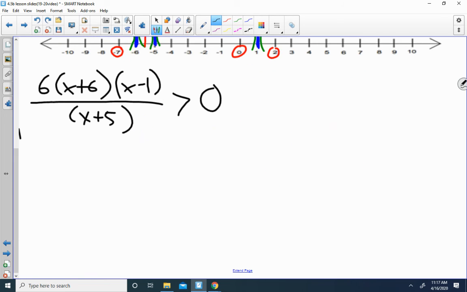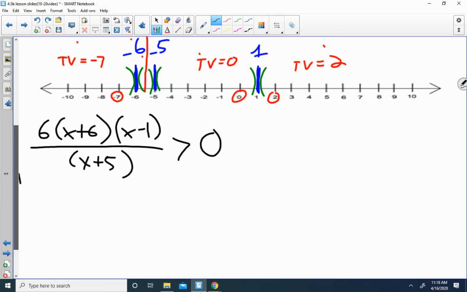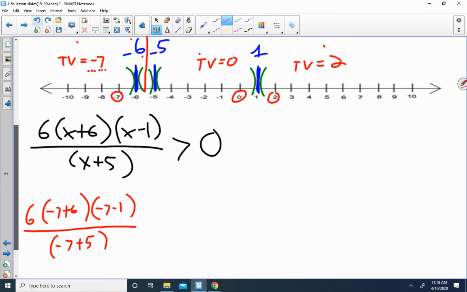All right, first test value, we're going to plug in negative 7. Let's see what happens. So 6 times negative 7 plus 6, negative 7 minus 1, all over negative 7 plus 5. All of that still greater than 0.